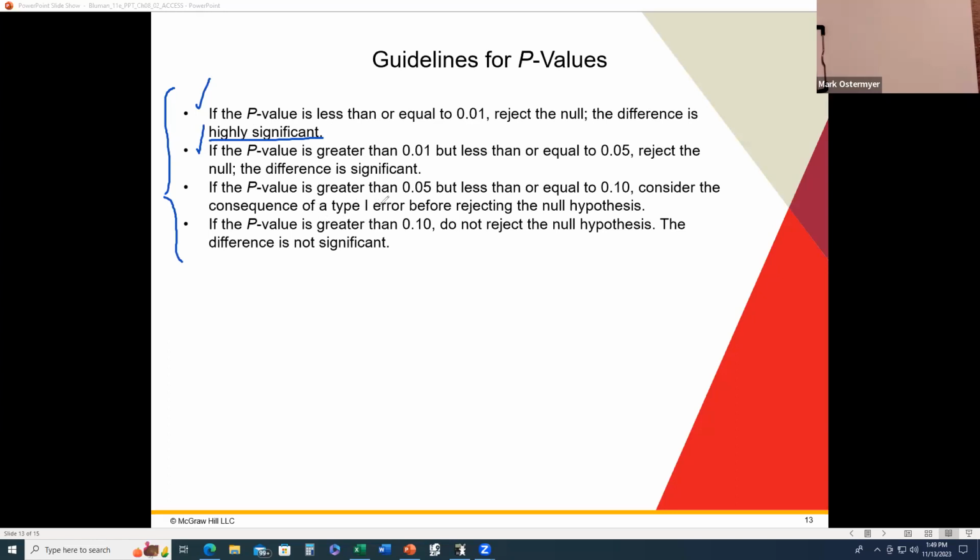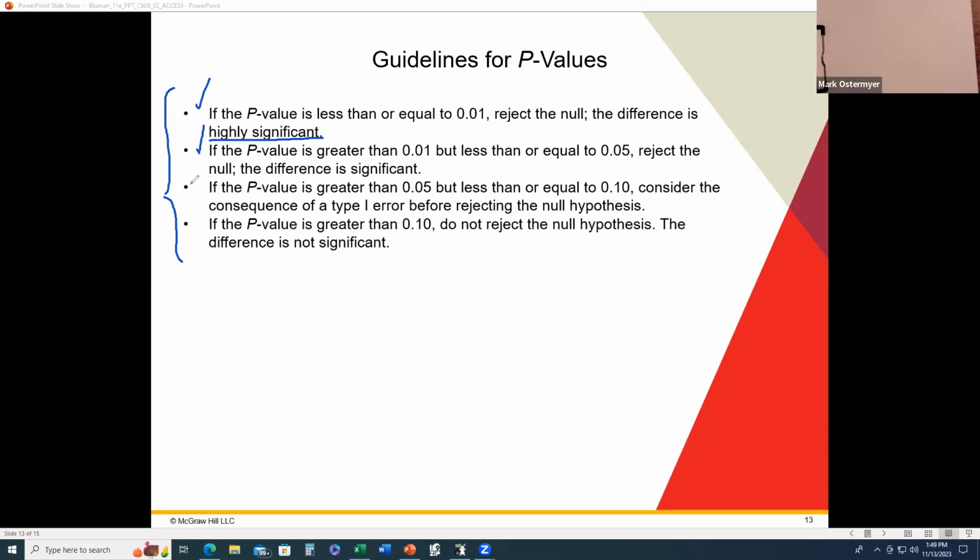If your p-value is greater than 5%, but less than or equal to 10%, consider the consequence of committing a type 1 error before rejecting the null hypothesis. But remember, I only went from 5% up to 6% in the last test. That's only a measly 1% higher than 5%. So I would still be inclined to lean towards saying, I think we can reject the null hypothesis.